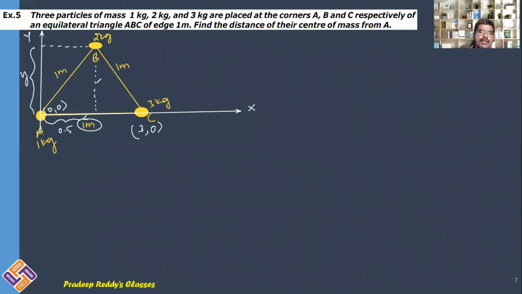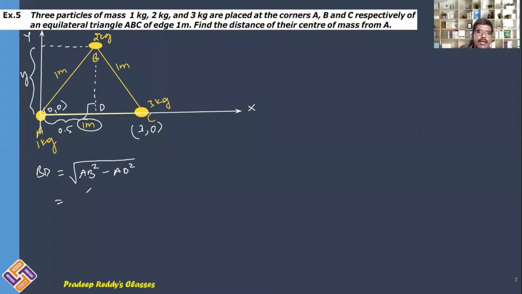For this value you can use the Pythagoras theorem. Let me take the foot of the perpendicular as D. I can write BD is equal to under root AB square minus AD square.